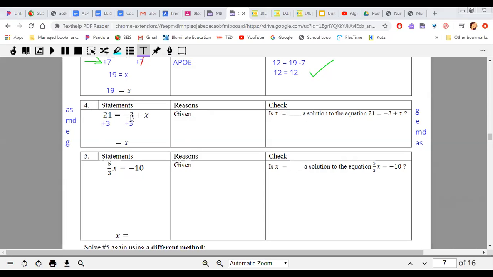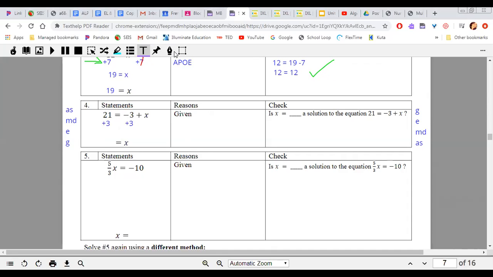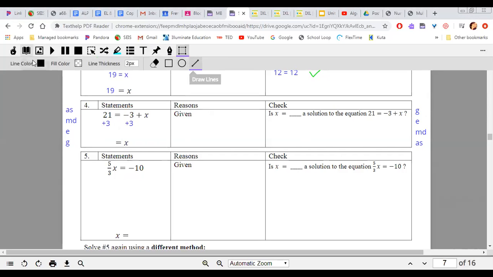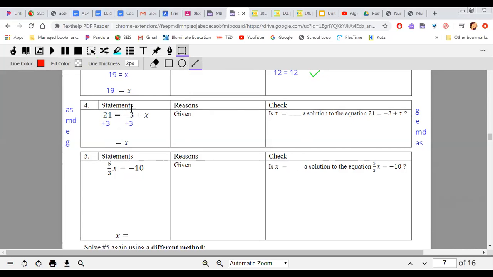So -3 plus 3 equals 0, right? I know that, because if we go here and we add 3, 1, 2, 3, we are at 0. They cancel out. And we call that the 0 term because it makes 0.